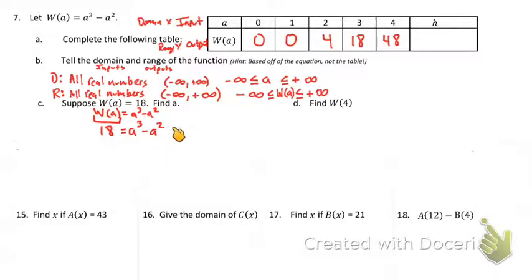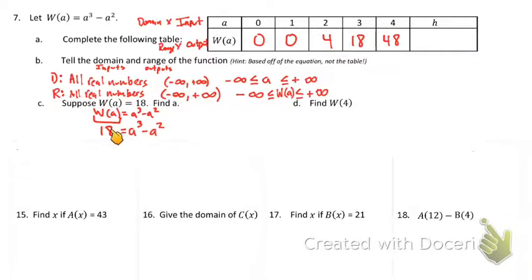I don't expect you to know how to solve this out, but I want you to understand this idea that you can not only plug in for A, but you can plug in for the actual W(A), or the function, like we did here, and then have to solve for A.